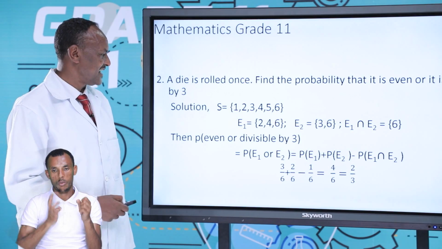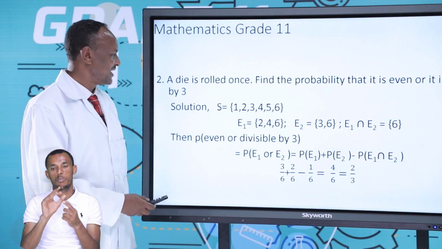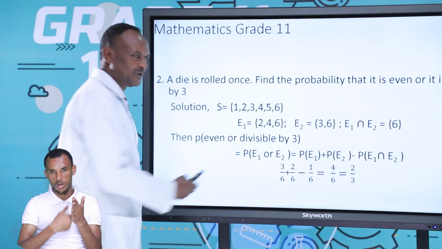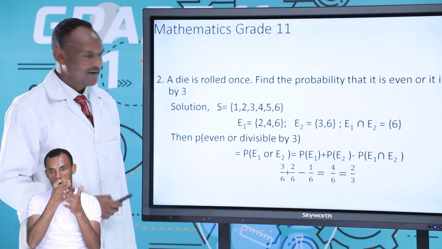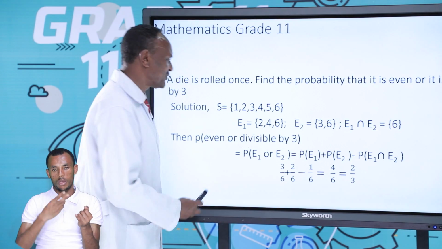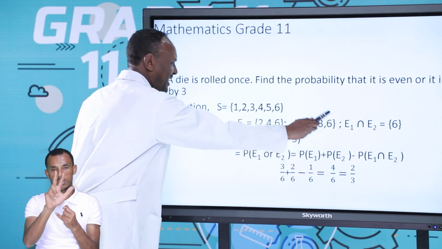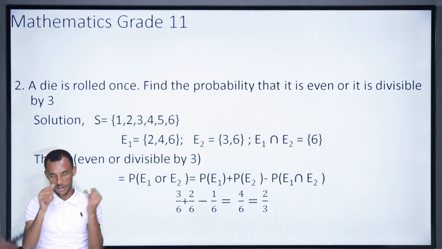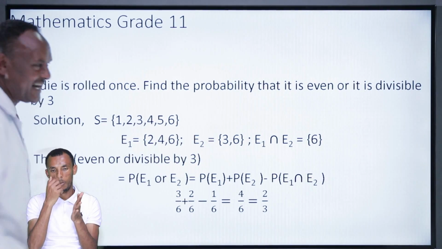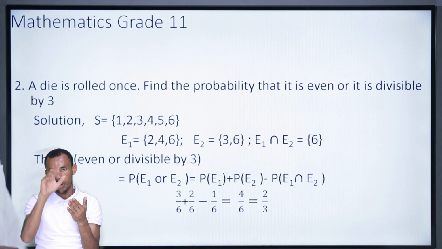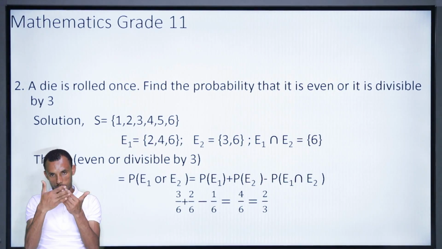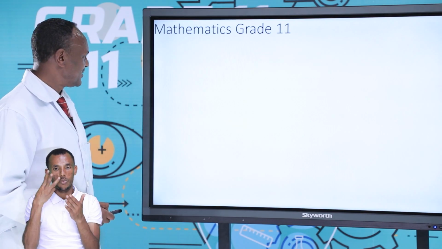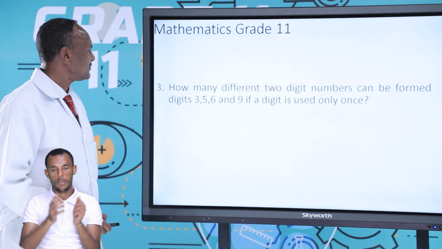The probability of getting an even number: there are 3 even numbers, divided by 6 total possible outcomes. Event 2, divisible by 3, we have 2 elements, so 2 divided by 6, minus their common element, we have only 1 element, 1 out of 6. When this is simplified, it gives a result equal to 2 over 3. So this was also a probability problem.